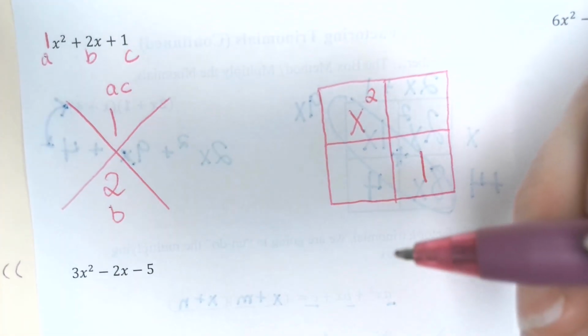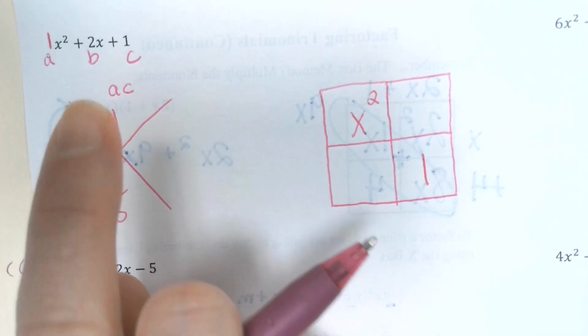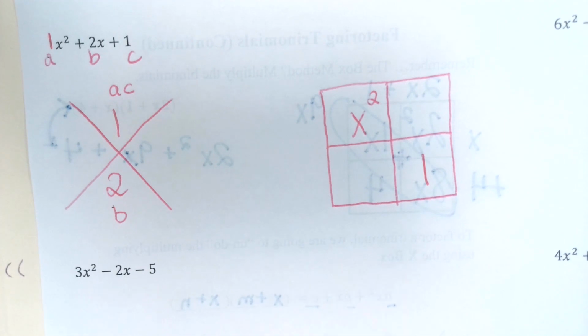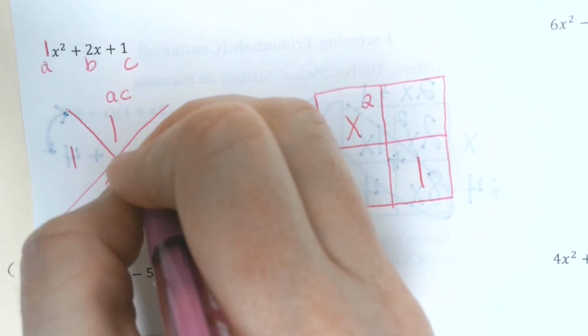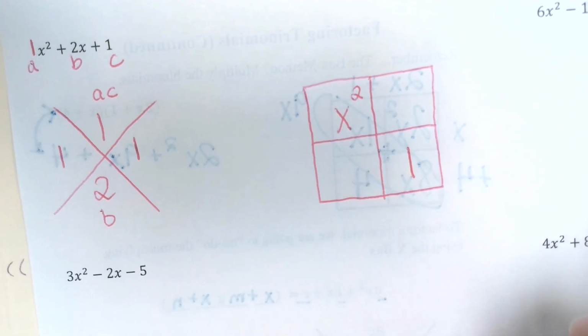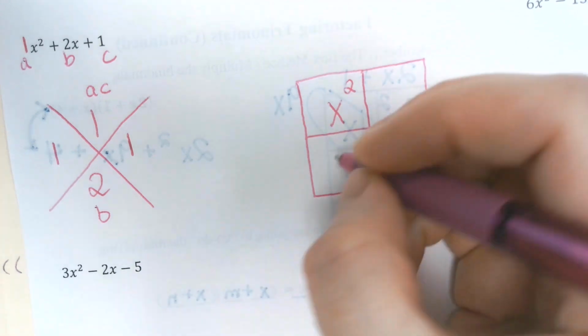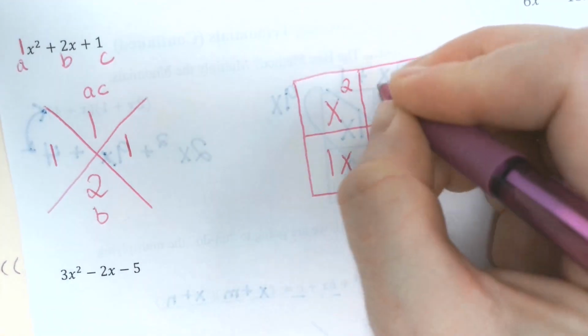So this is where you do the X games. What times what gives me 1, but adds to get 2? 1 and 1, yeah. Those are the magic numbers. Where do your magic numbers go? Diagonals right here. So 1x and 1x.